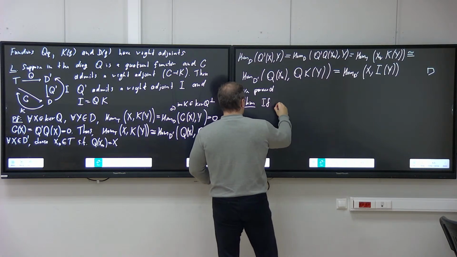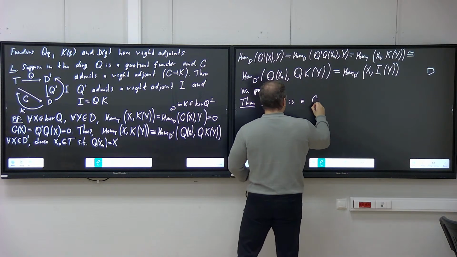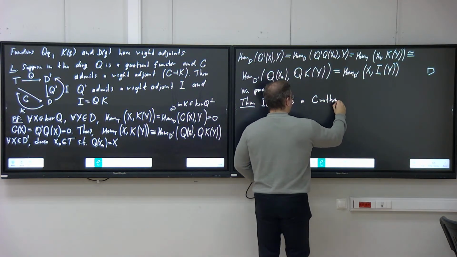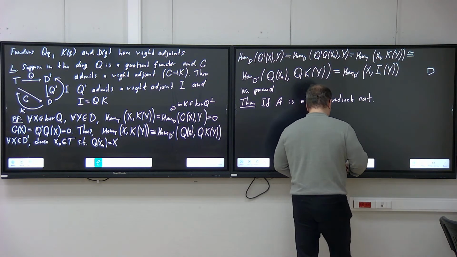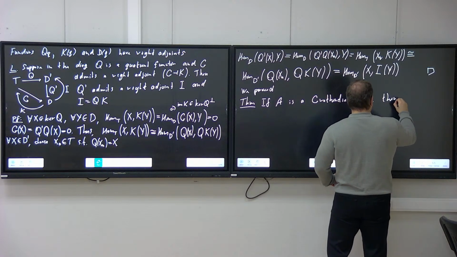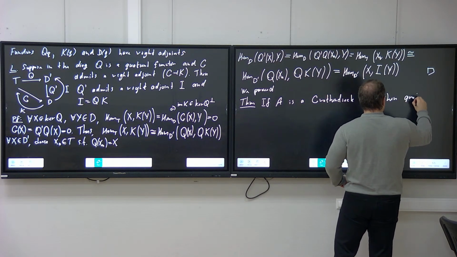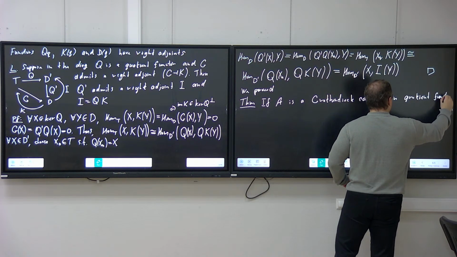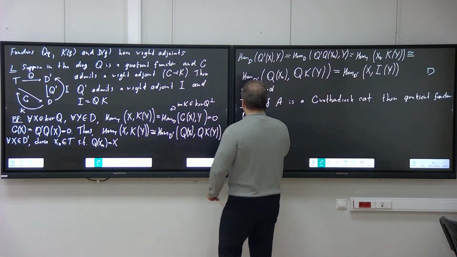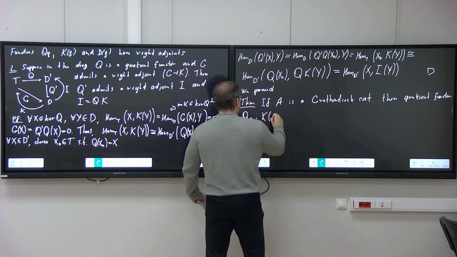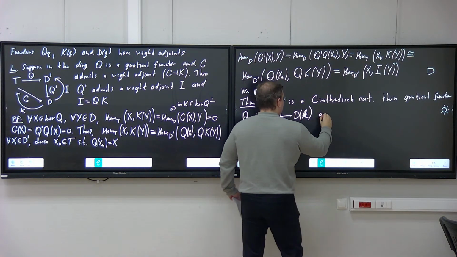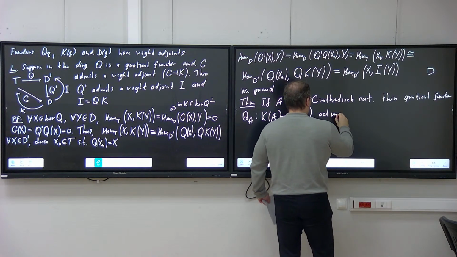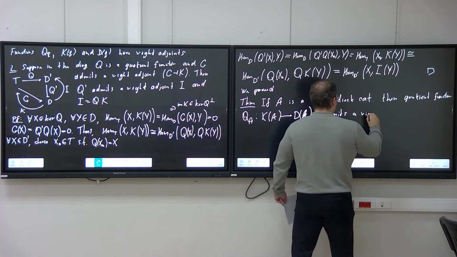If A is a Grothendieck category, then the quotient functor Q sub A from the homotopy category of A to the derived category of A admits a right adjoint.